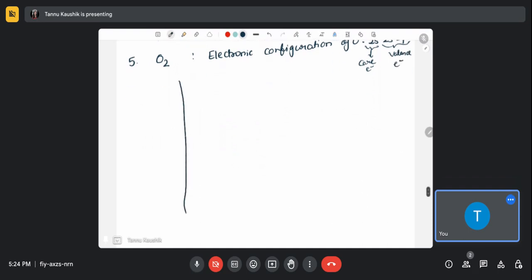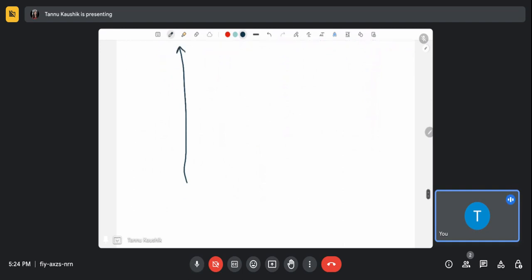So drawing the energy axis and taking the valence shell electrons, 2s, so 2px, 2py, 2pz, these are degenerate orbitals.